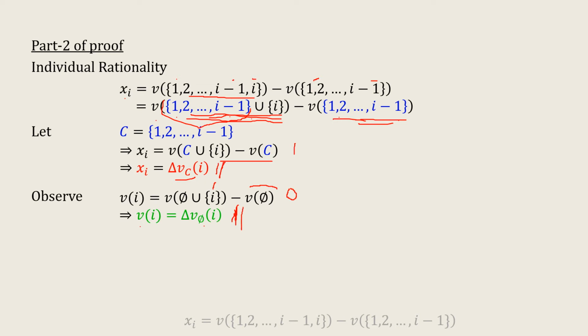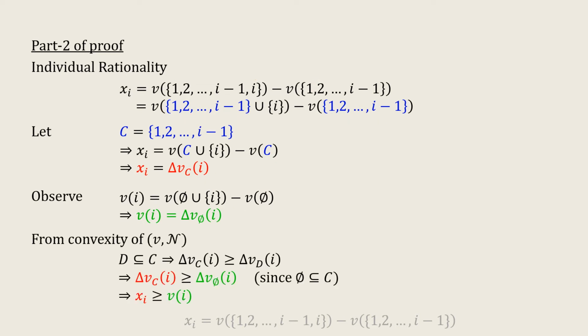From convexity of this game, the marginal contribution of i to C is greater than or equal to the marginal contribution of i to any of its subcoalitions D. In particular, letting D equal the null coalition, delta v(C,i) must be greater than or equal to delta v(null,i). The left hand side is equal to xi, and the right hand side is v(i). Whence xi is greater than or equal to v(i), which proves that x is individually rational.